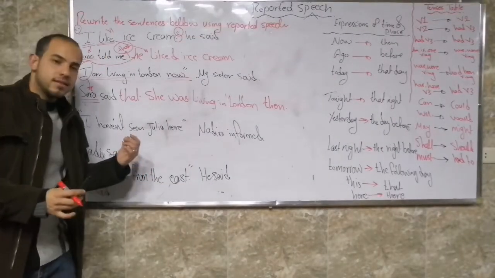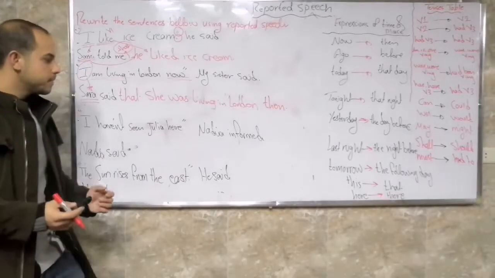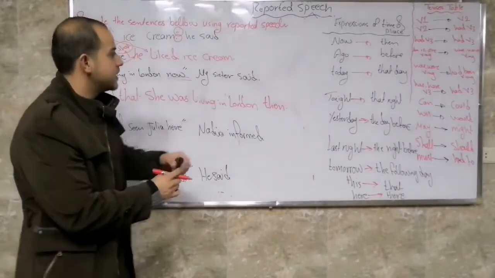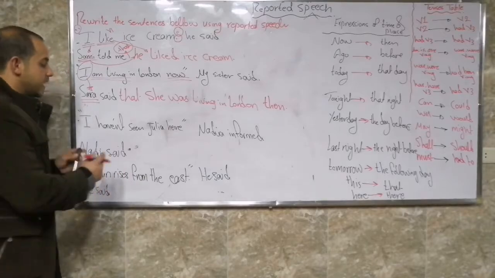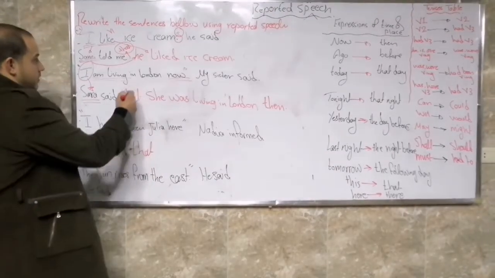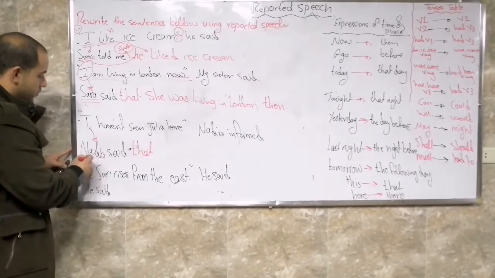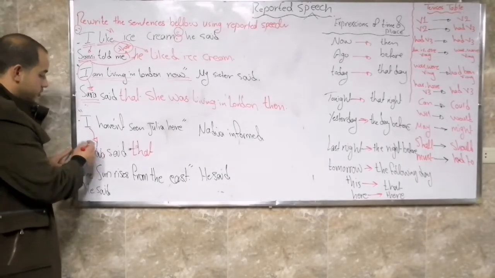"I haven't seen Julia here." Nadia informed. Informed is the same as said or told. Okay? Nadia said that. Okay? I also here refers to Nadia. Okay? To Nadia.